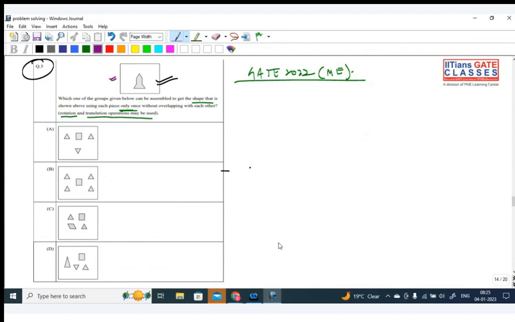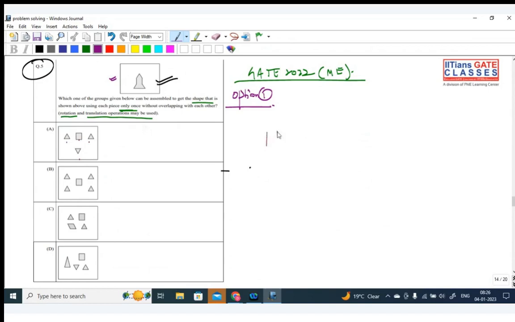So you can take option one, right? How to solve this kind of question? Go option wise. Option one I am taking here. So in option one, you see what is given. There are triangles, one triangle, two triangle, three triangle, right? So the above given figure will not be able to be produced. Why? What is the reason behind that?